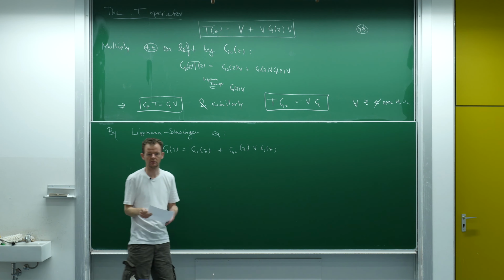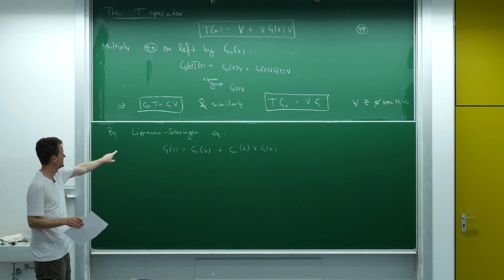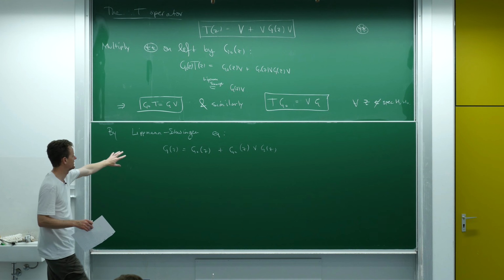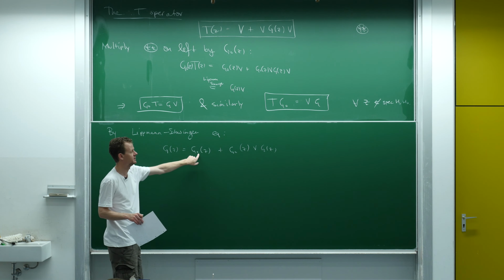Now let's tie together G and T and G naught. By the Lippmann-Schwinger equation, we know that G is related to G naught according to this. But this thing here, V G, that's the same as T times G naught.